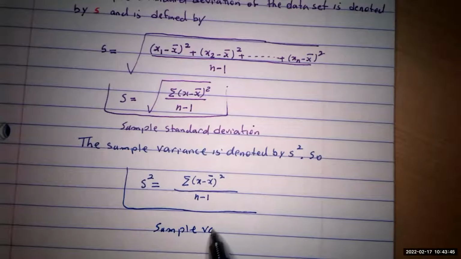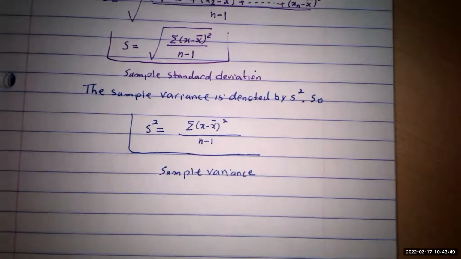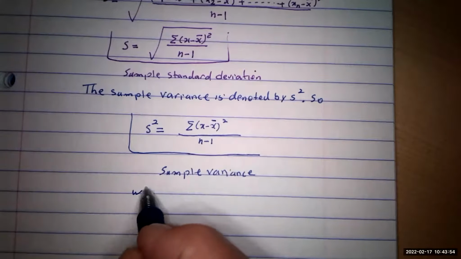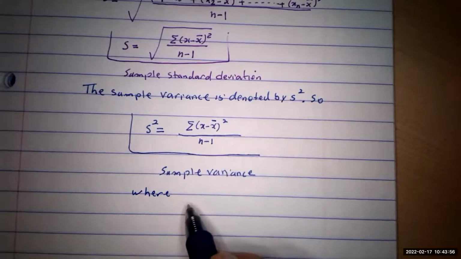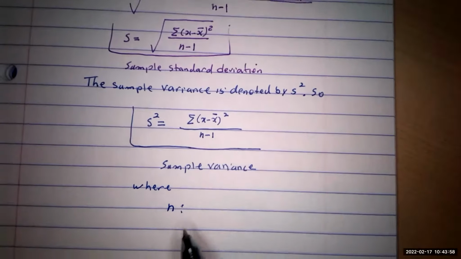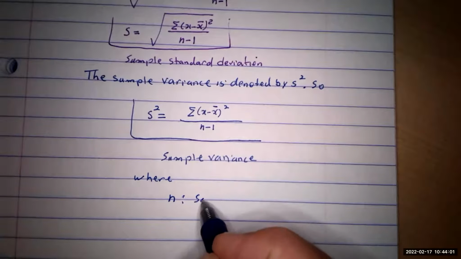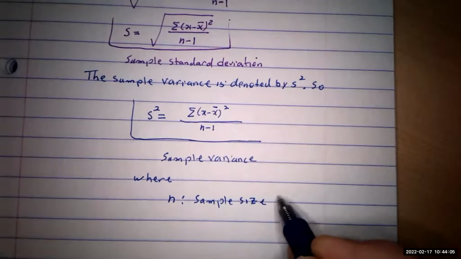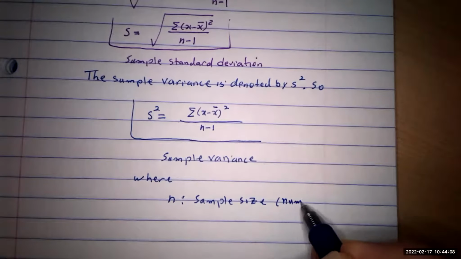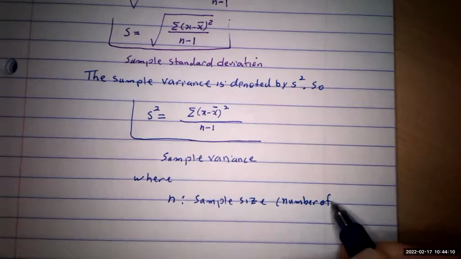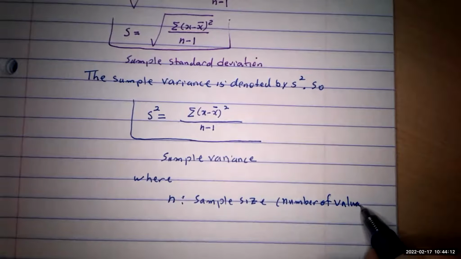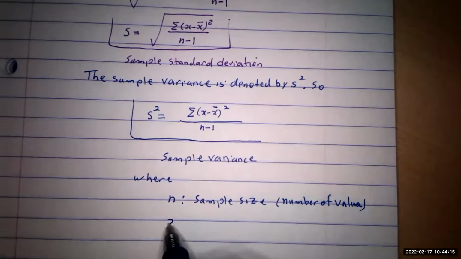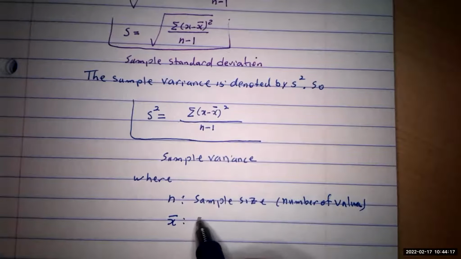You will have to find the sample variance on the next test. In this formula, n is the sample size, or number of values, and of course x bar is the sample mean.